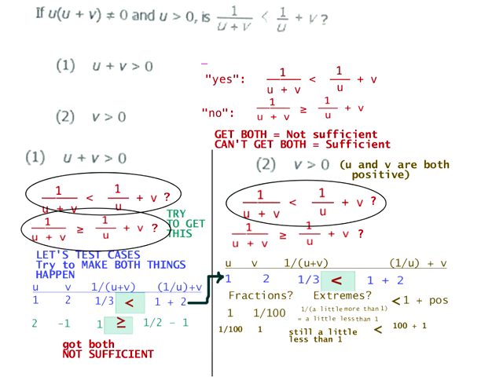After enough cases that you try, if you're running on a time limit, you can just say, you know what, I give up. Or, I'm responding to the text box right now. We know that if u and v are both positive, that other condition is true, meaning that we don't need to expend any extra thought making this true.